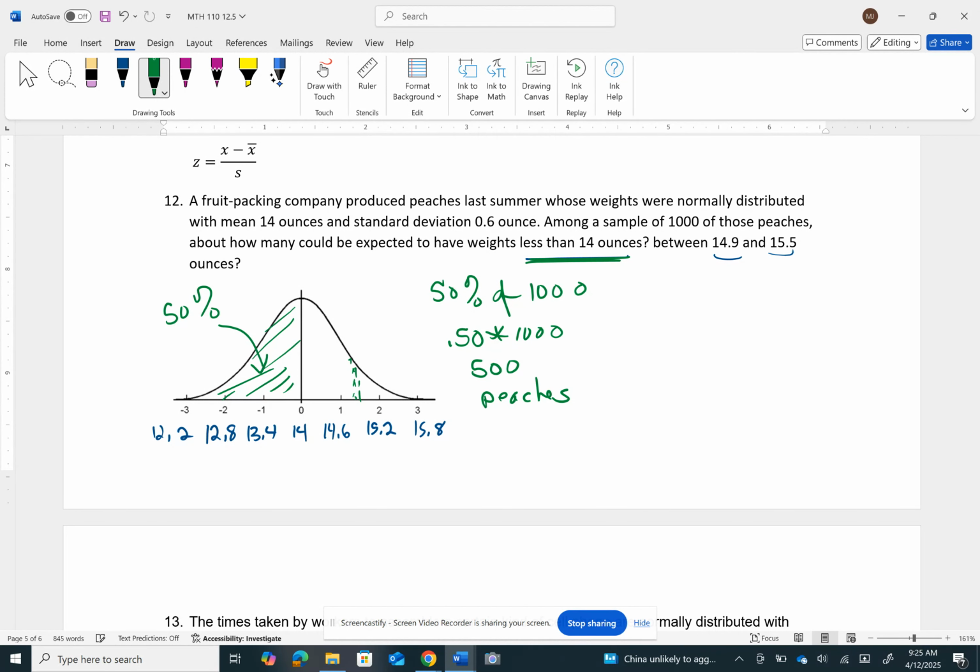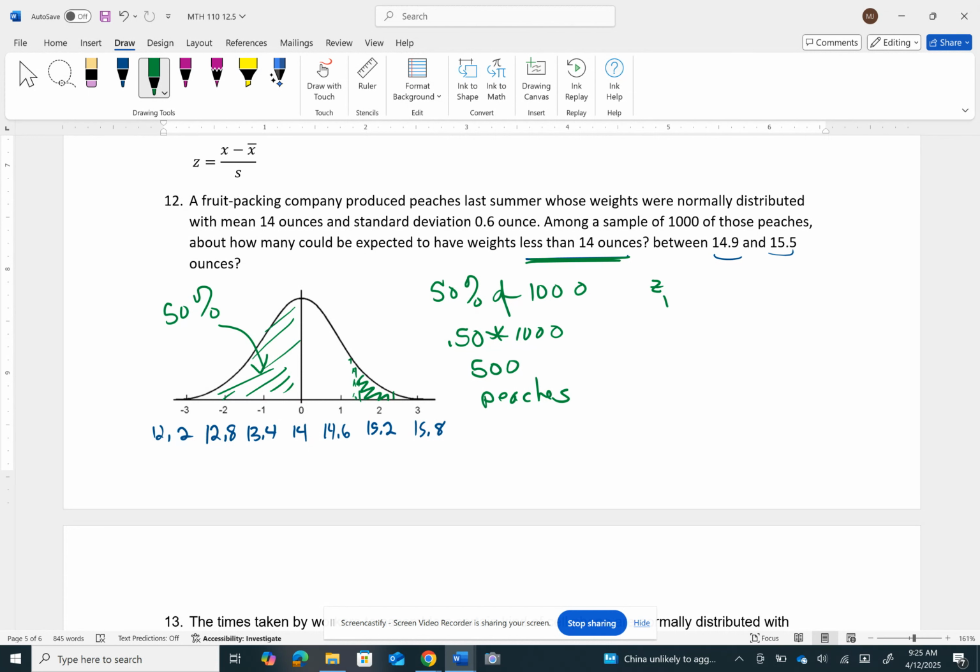And then 15.5 would be somewhere in here, and we're looking for that. So what you need to do is take your raw data value and calculate the z that's associated with it.